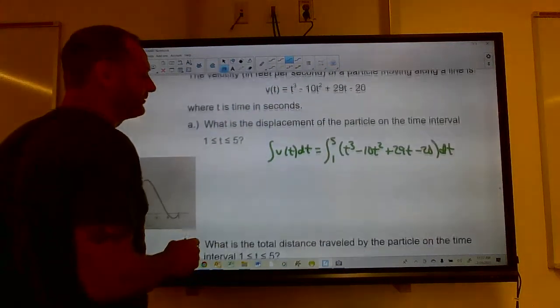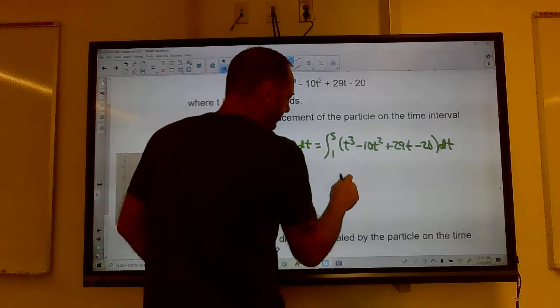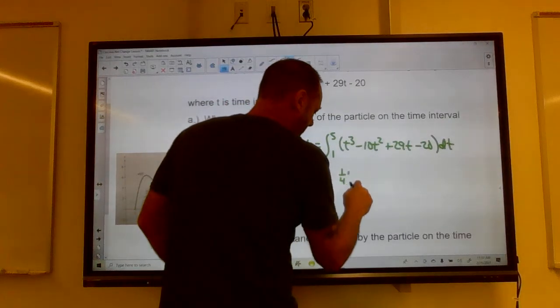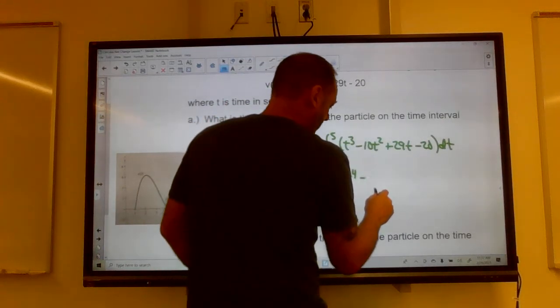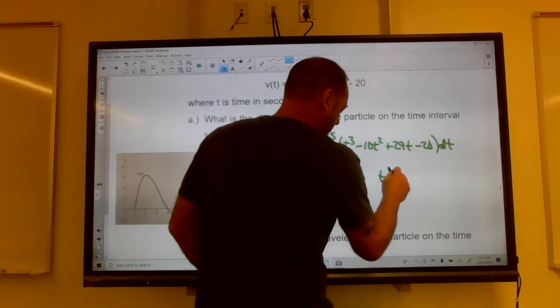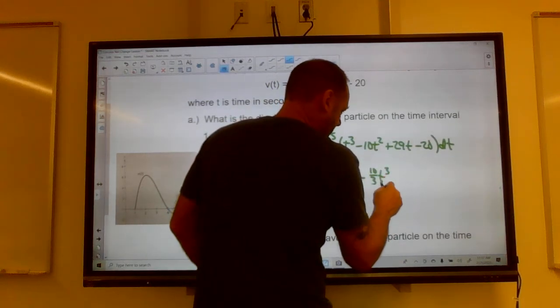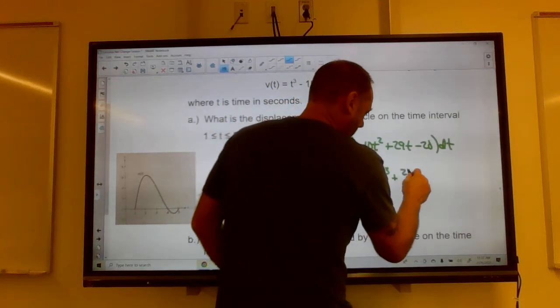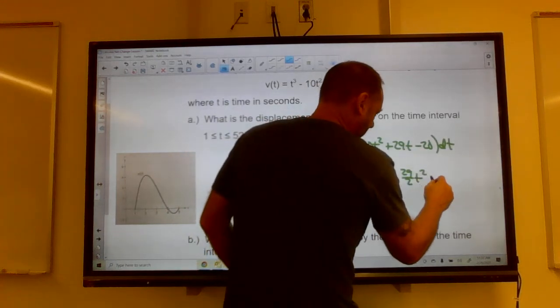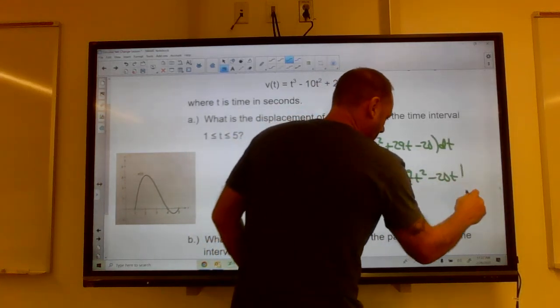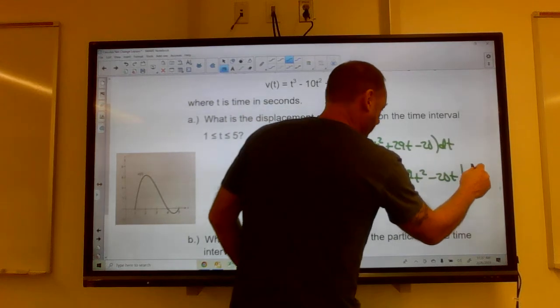That's pretty simple to integrate. This is going to be 1/4 t to the 4th minus 10/3 t cubed plus 29 halves t squared minus 20t evaluated from 1 to 5.